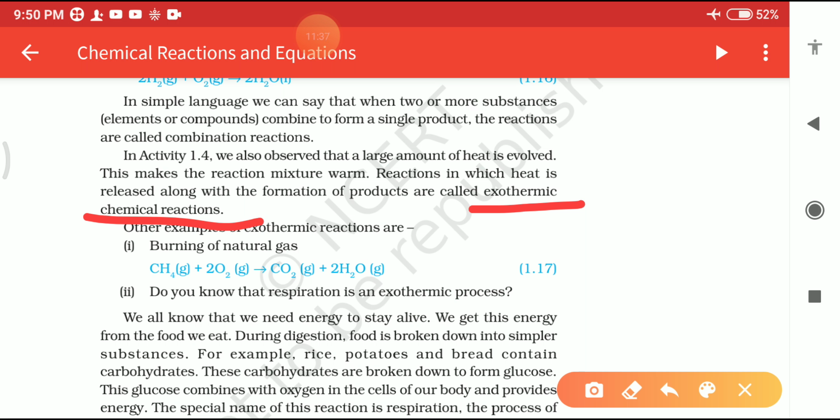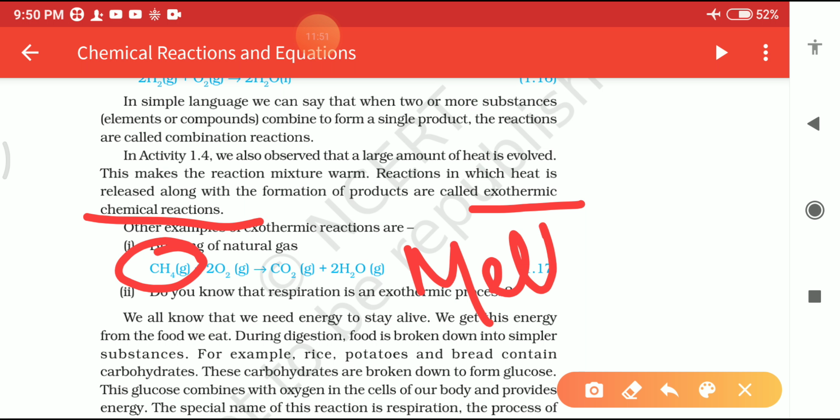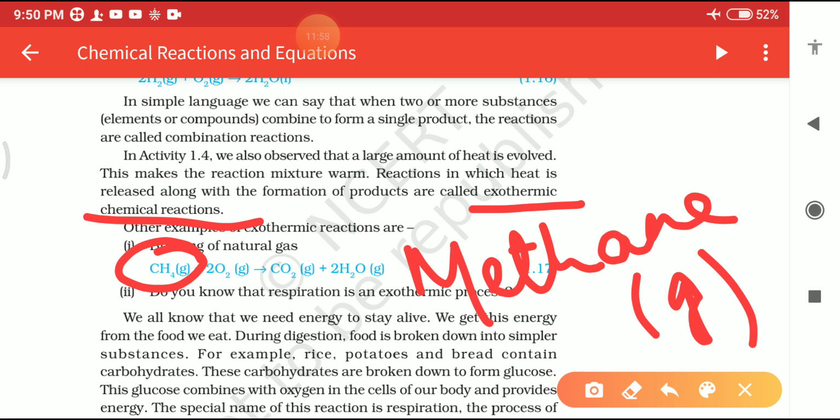Now, other examples of exothermic reactions are seen here: burning of natural gas. Student, CH4 is the molecular formula of methane. This is the natural gas, and this natural gas comes out from the marshy area.